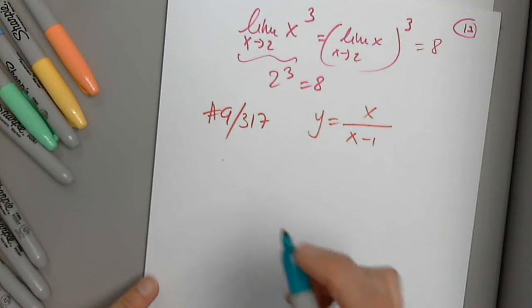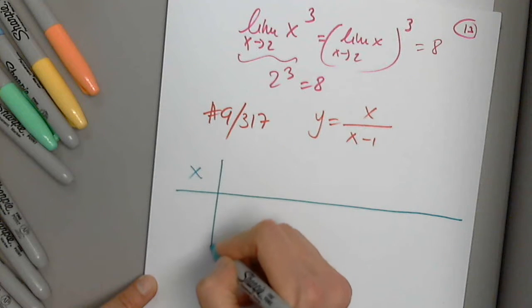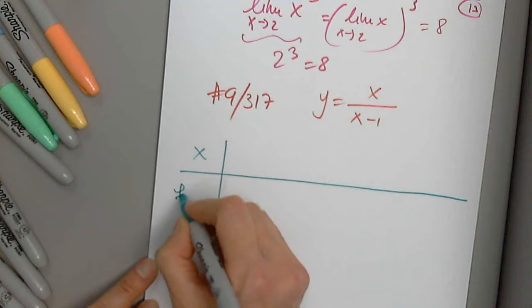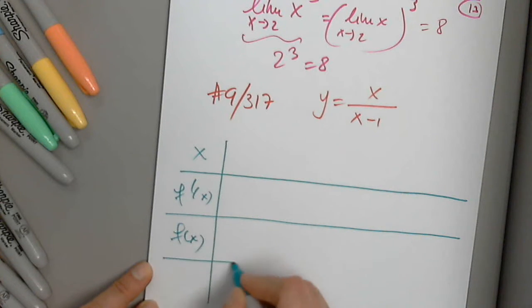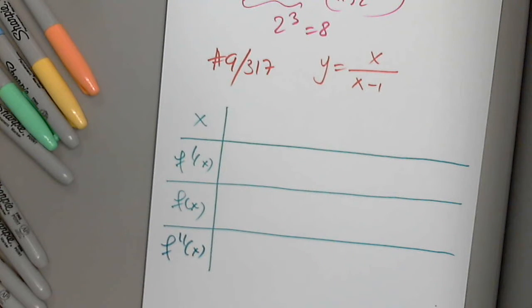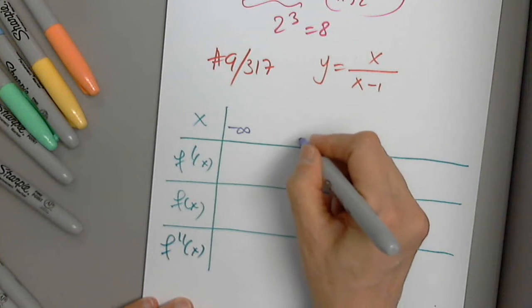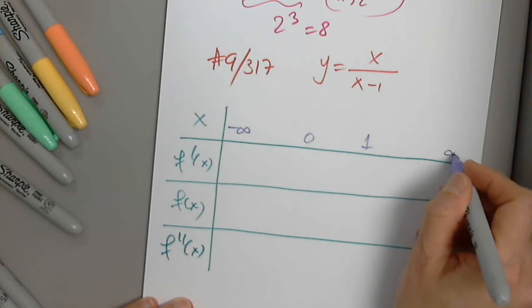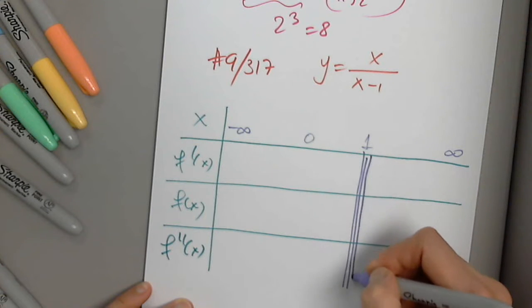Okay, so obviously we always have to start with what? The domain. Very good. Perfect. What is the domain of this function? Can anyone identify? Excellent. So negative infinity, 0 has to be in the table at all costs. Even if the function is undefined there, 0 has to be in the table.